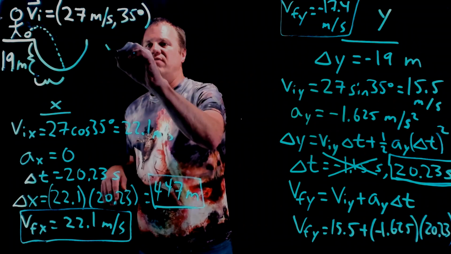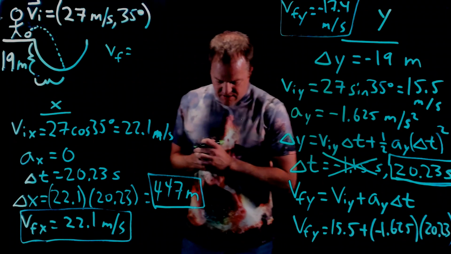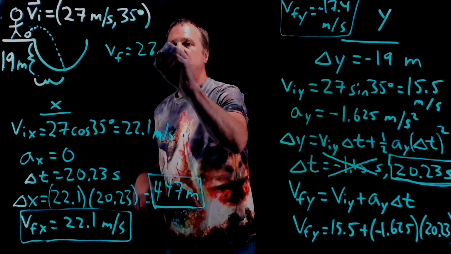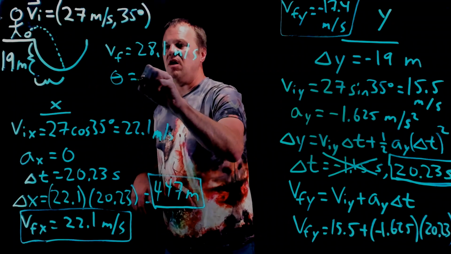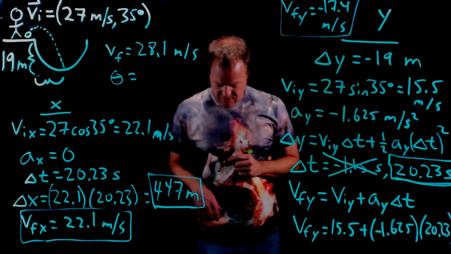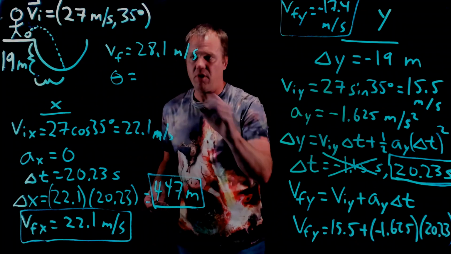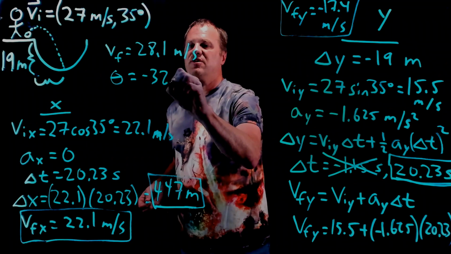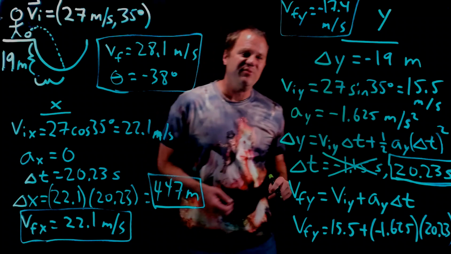That's just vector math. But V final, square root of the sum of the squares of these, would be 28.1. And then the direction of the velocity vector as it hits the ground, using the inverse tangent of the y component over the x component, would be minus 38 degrees. So this is just another way to report the final velocity vector.